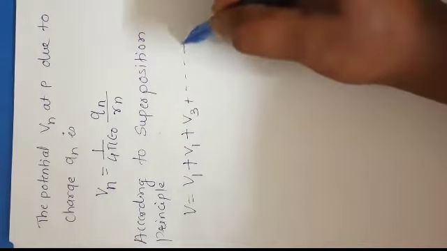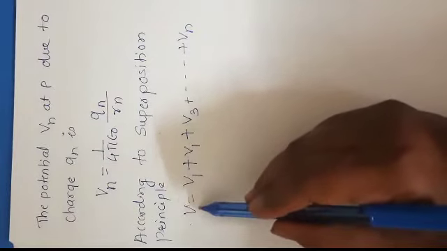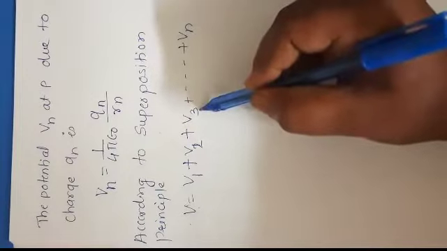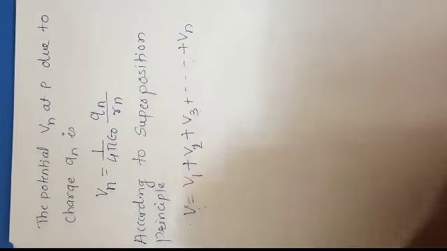That means the total electric potential V is equal to V1 plus V2 plus V3 and so on up to Vn, the addition of all these potentials to get the total potential.